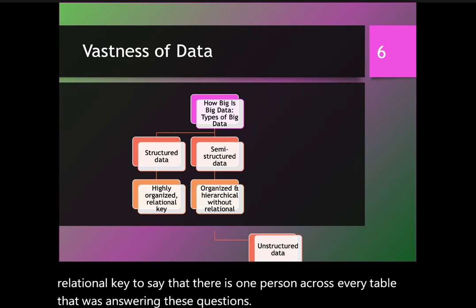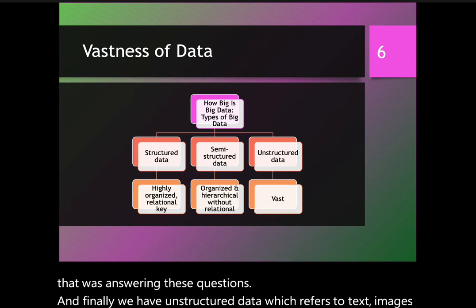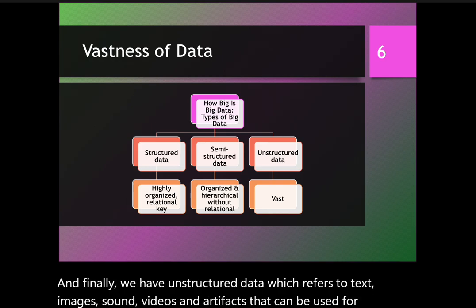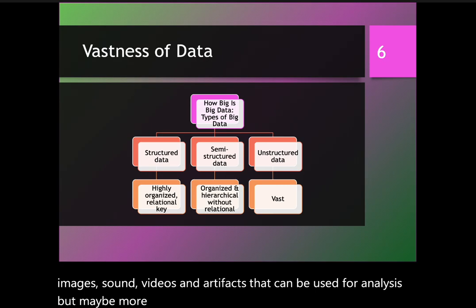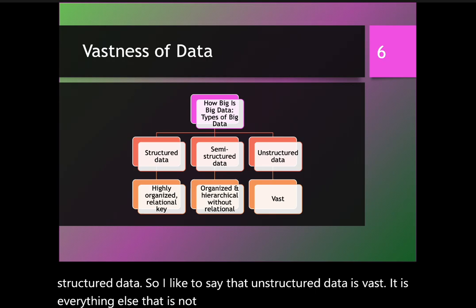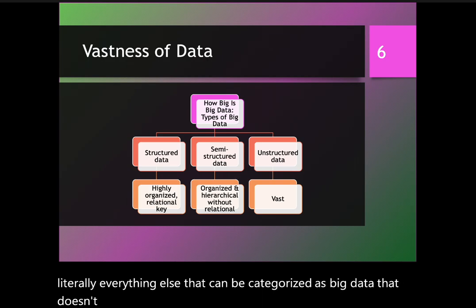And finally, we have unstructured data, which refers to text, images, sound, videos, and artifacts that can be used for analysis, but may be more difficult to draw conclusions from than structured data. I like to say that unstructured data is vast. It is everything else that is not structured or semi-structured. It is quite literally everything else that can be categorized as big data that doesn't fall neatly into one of these other types.